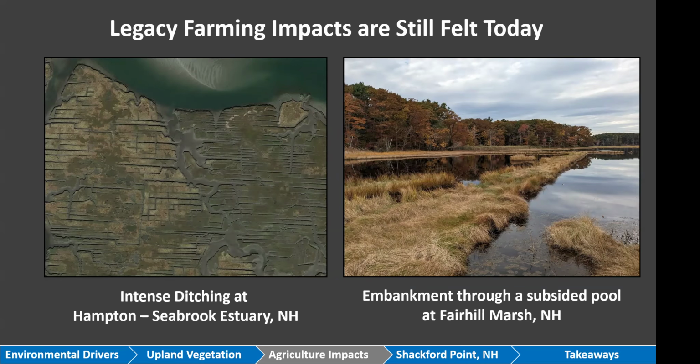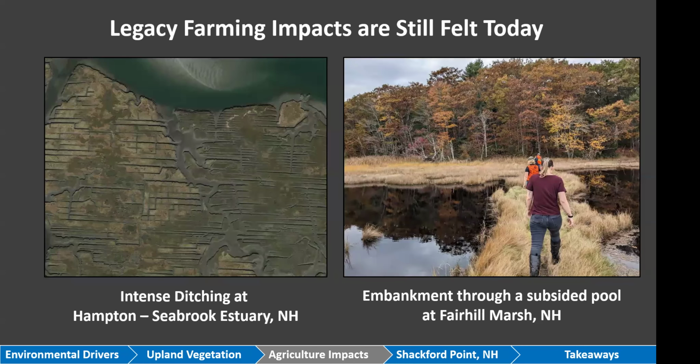On the left is an aerial view of the Hampton Seabrook estuary. You can see that there is a lot of ditching and cross ditching, which is really evident of agriculture. Additionally, on the right is an embankment that goes through a pool, which I'll show you an aerial of in a bit, that goes through Fair Hill Marsh here in New Hampshire. These embankments aren't just little tufts of grass on the water.